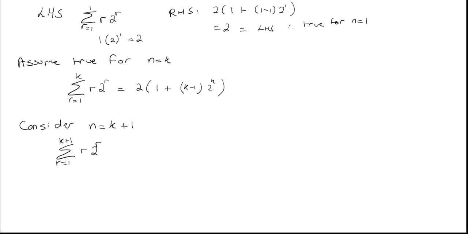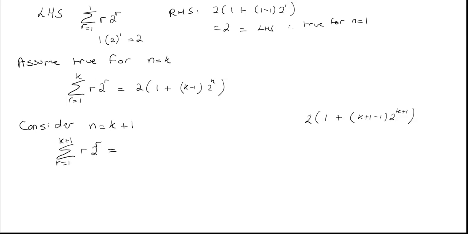And what we want to get as an answer, I'm just going to write it on the right hand side over here, is 2, 1 plus k plus 1 minus 1 times 2 to the power k plus 1. So I'm looking for something that's going to look like that, or look exactly like that.